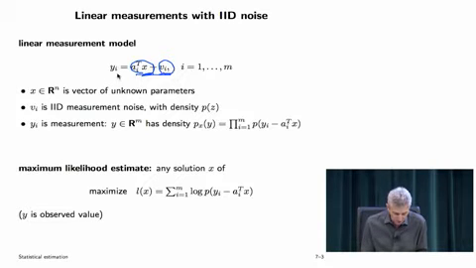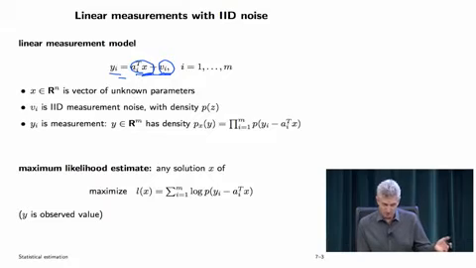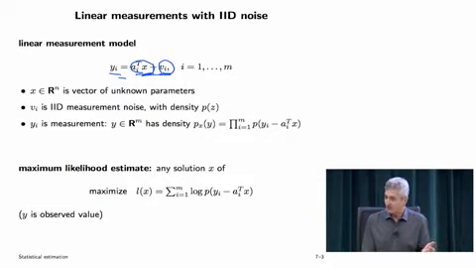So this is your corrupted or real measurement, whatever you like to call it, okay? And that would be the view from someone who does signal processing, right? If you were to get a perfect sensor and run this experiment at 0 or 0.01 degree Kelvin, so there's no thermal noise or whatever else, then in fact you'd get y_i equals a_i transpose x, right? Since you don't do those things, v_i is a noise, right?